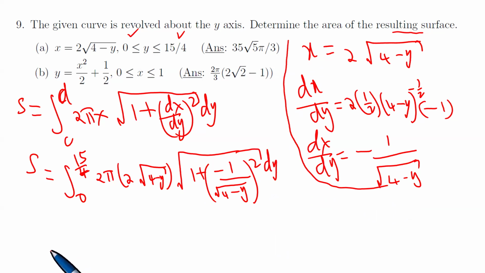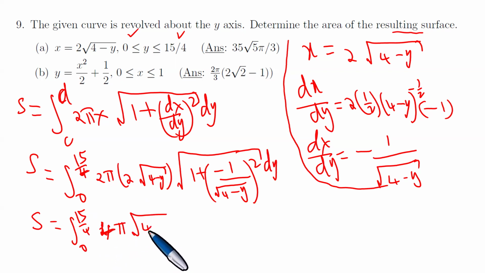Now, a careful look at this reveals something interesting. Therefore, the area of the surface is, from 0 to 15 over 4, the 2 pi times 2 will give us 4 pi, the square root of 4 minus y.